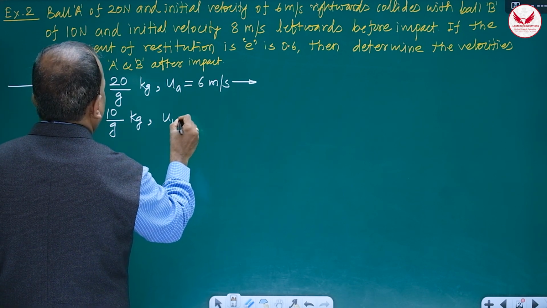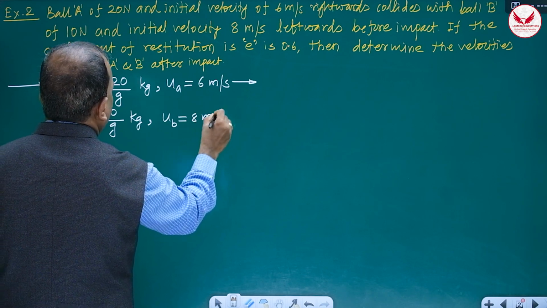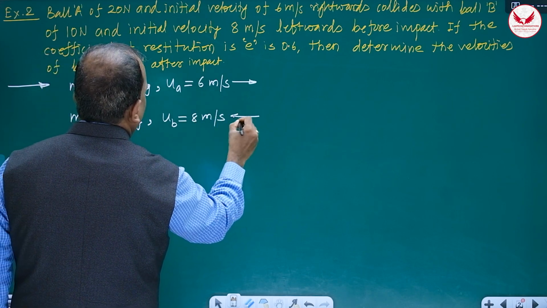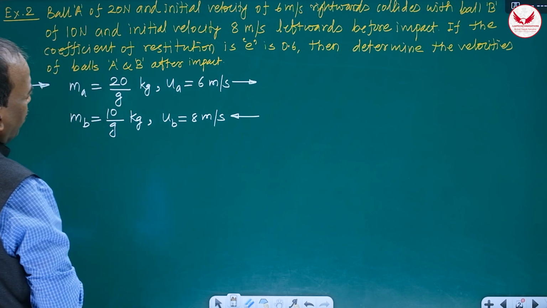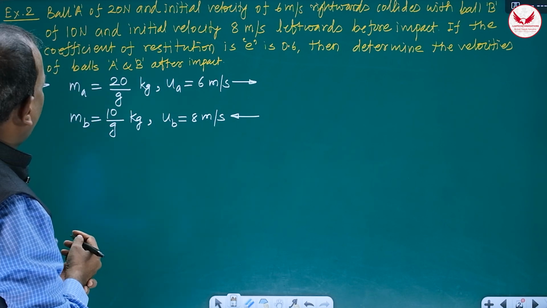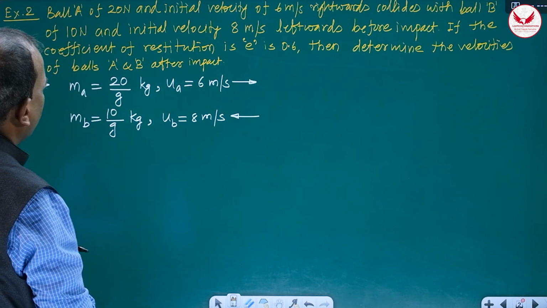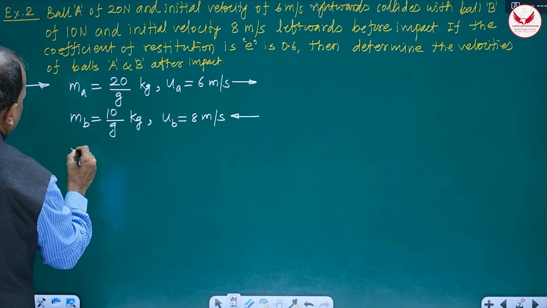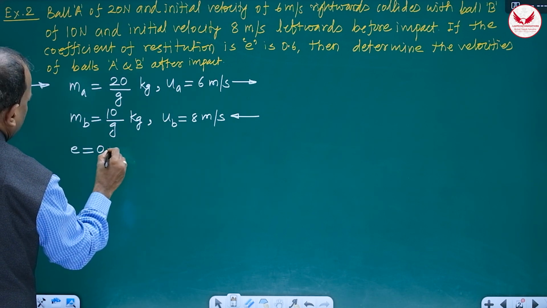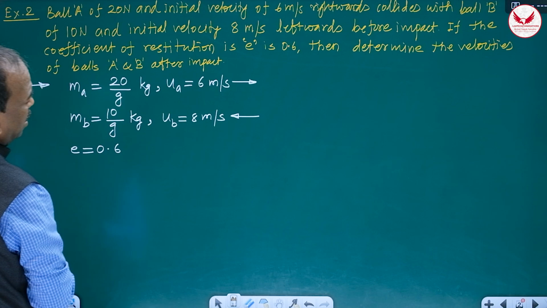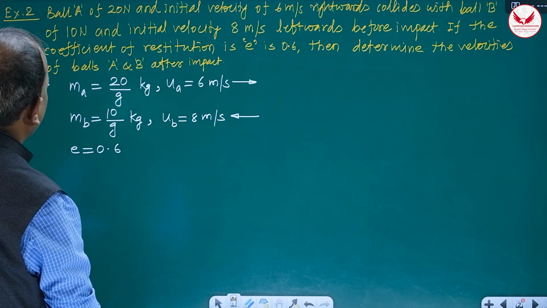So UB is 8 meters per second towards left. These are the velocities before impact. If the coefficient of restitution is 0.6, E is given 0.6, then determine the velocities of balls A and B.